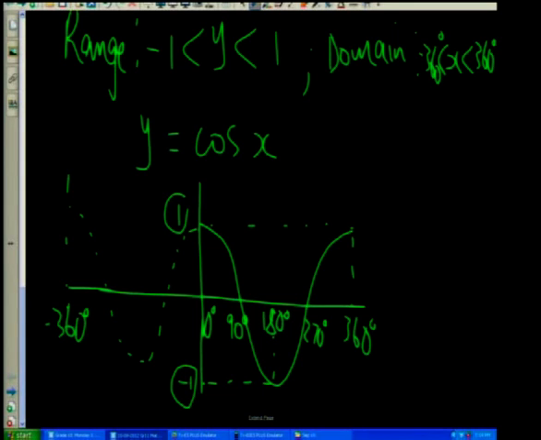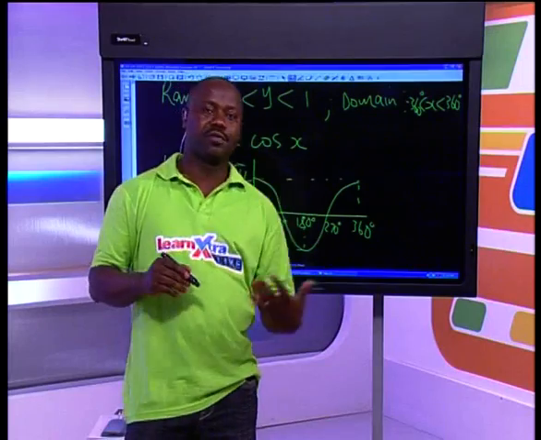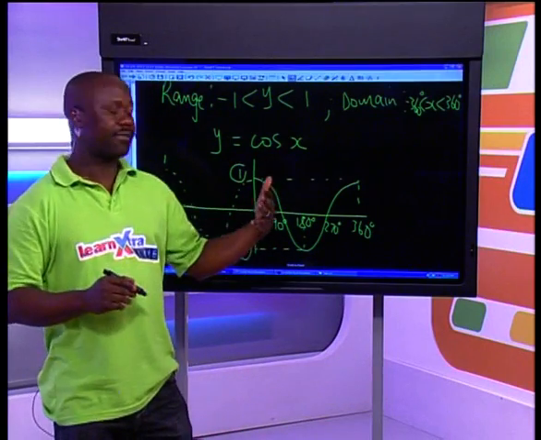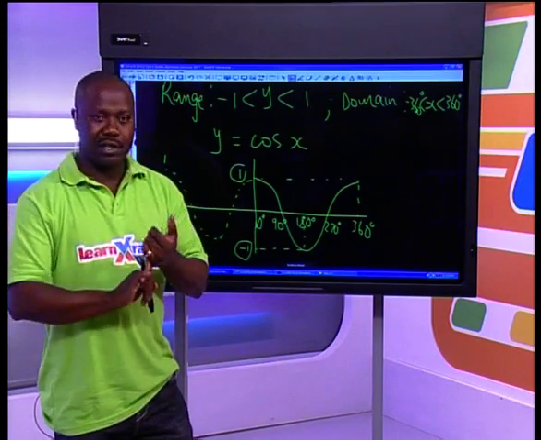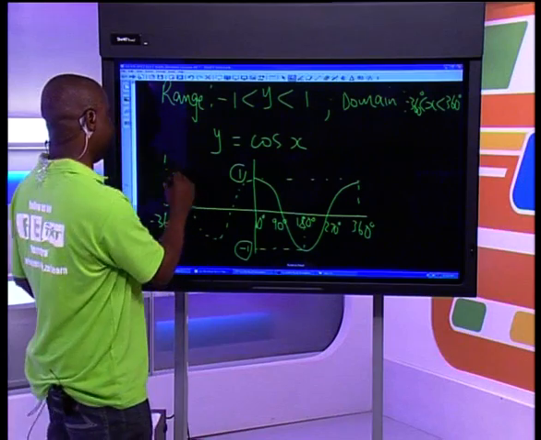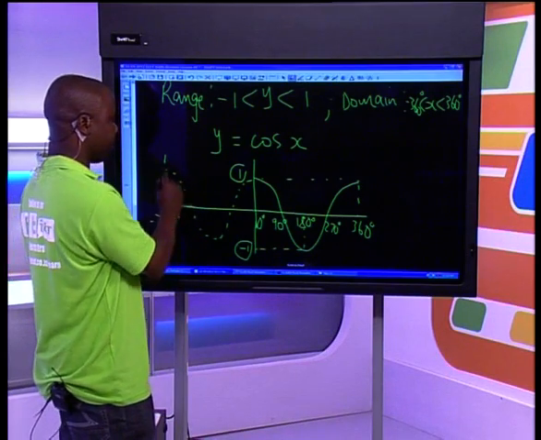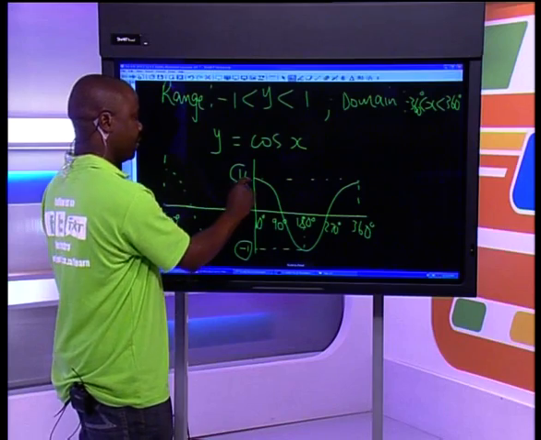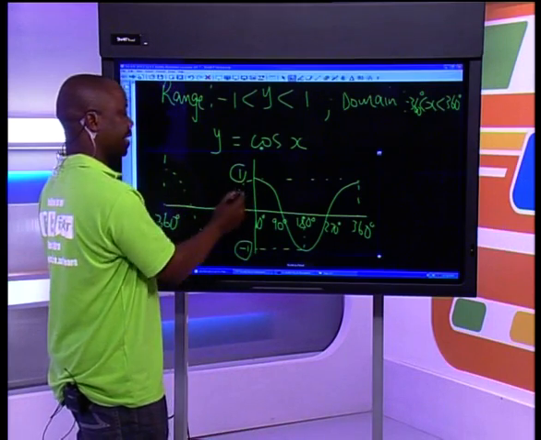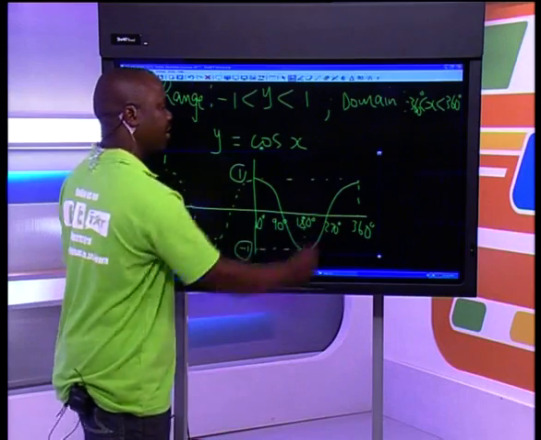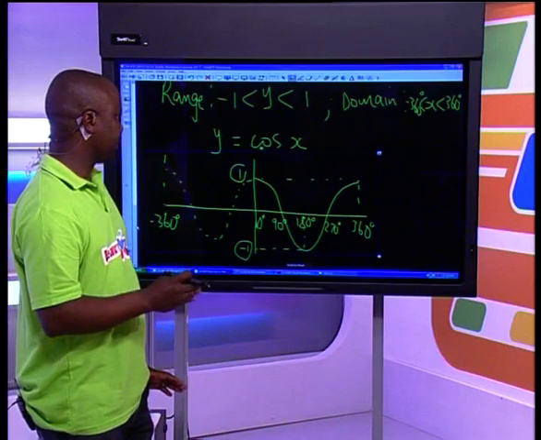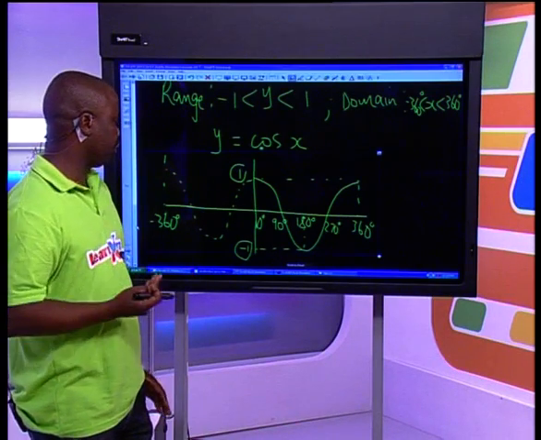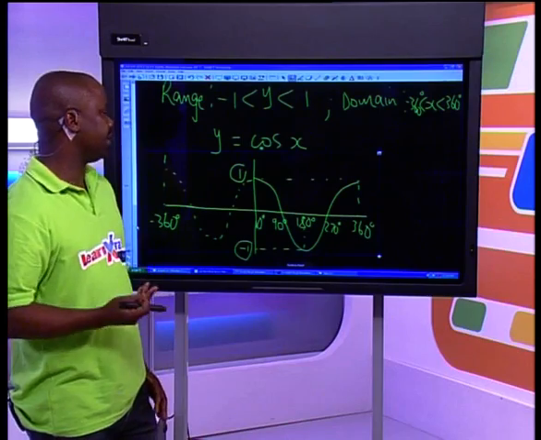So the same way we described those features for the sine graph, it applies to the cosine graph. The period is 360 degrees. You can see this shape started from minus 360. When it got to 0, it started repeating itself until 360 degrees. All right, so that was the period. And then the amplitude, we still find it the same way.